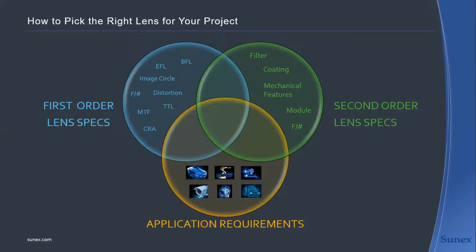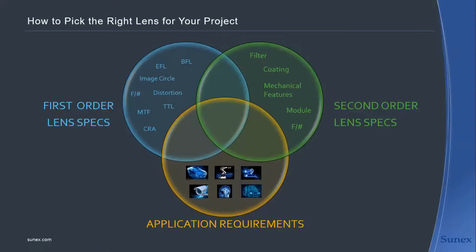Can you mount the sensor to it? F number can be changed to a certain extent. So this is where we define between first order lens specs and second order lens specs. And then the last part is obviously you want to align and adapt the particular lens also to requirements in your particular industry.